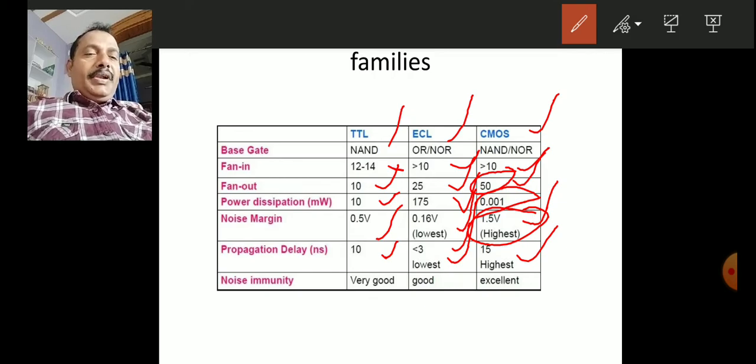And noise immunity for TTL is very good, for ECL it is good, and for CMOS excellent. You see, these are the excellent parameter values of CMOS. Hence it is used widely in all technologies in building digital systems.